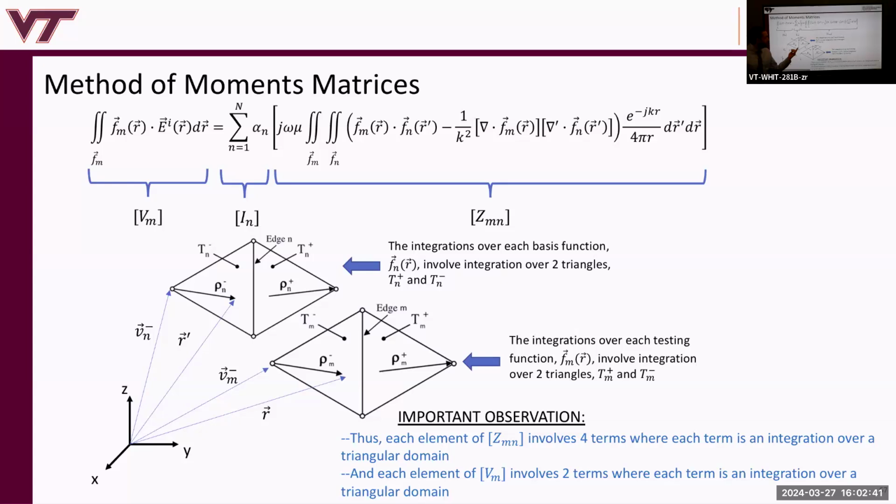And here we see that there are two such edges. There's edge M, where the index M denotes the observation or the testing function. And there's edge N, which denotes the source or the basis function. So the way that you would interpret this physically is that there's current flowing all through here on this whole source triangle. So there's current on both these triangles. That current radiates.